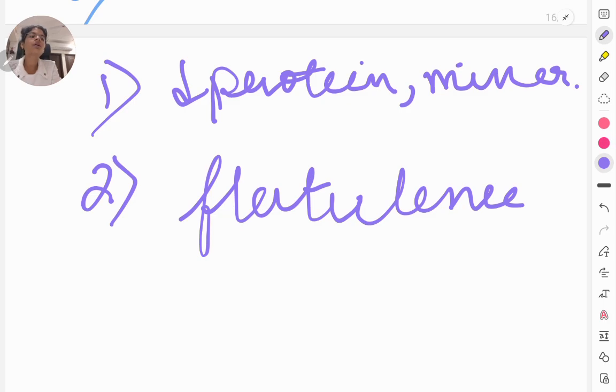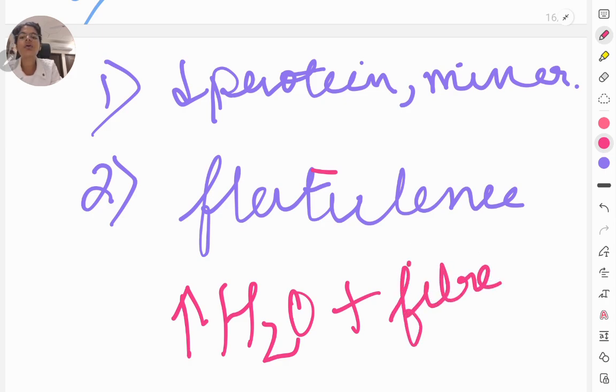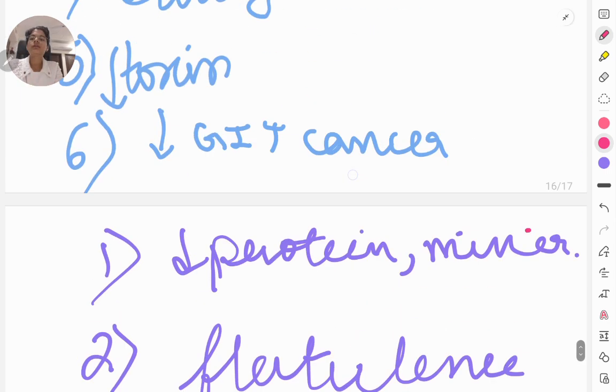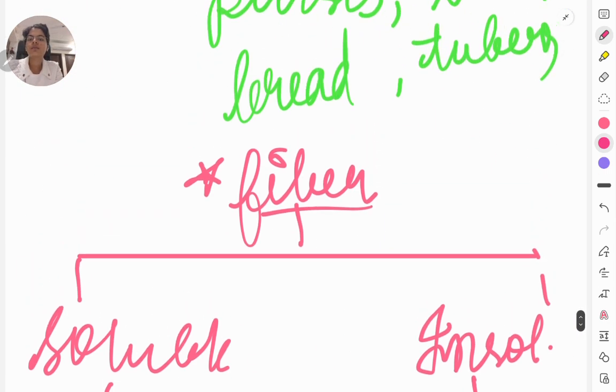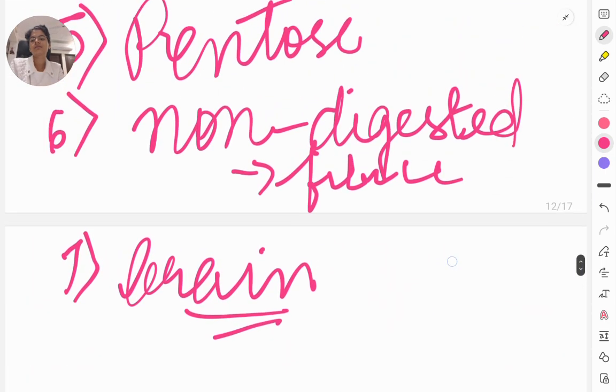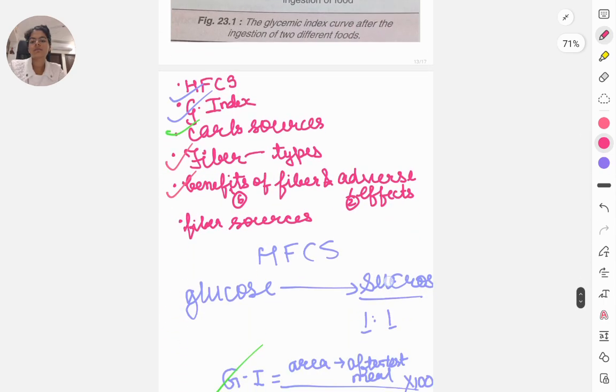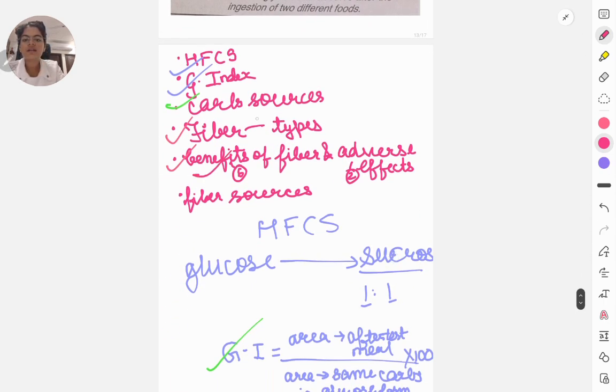So for that, what? Simple, just drink more water along with fiber to eliminate all these adverse effects. Clear? Now, what's the next thing we need to know? Benefits and adverse effects done.